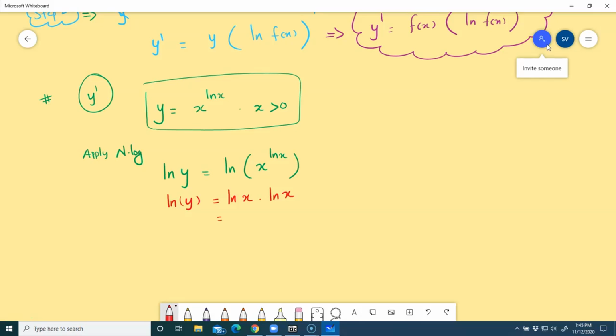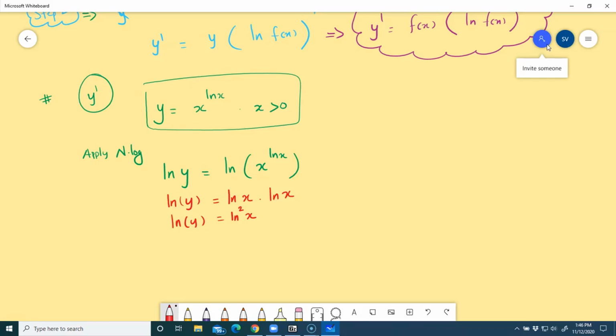Now we can write this as ln x times ln x. Log x times log x, because this is natural log, we can write as ln square of x. So ln of y equal to ln square of x. So we applied natural log and simplified as much as possible. Now find the derivative, or differentiate on both sides.